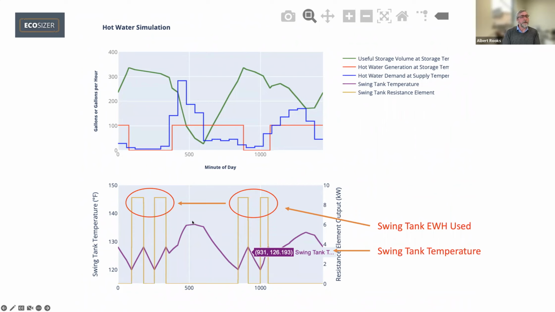Pretty soon, at about 400 minutes in, people start taking a draw and we start depleting that primary storage. We watch the primary storage drop down very quickly. It doesn't drop down to zero, so yay, we sized primary storage to meet this particular load. And as soon as people leave, it can start rebuilding.